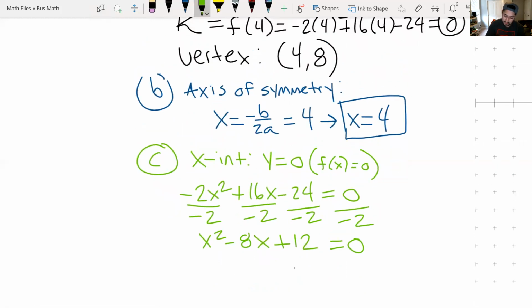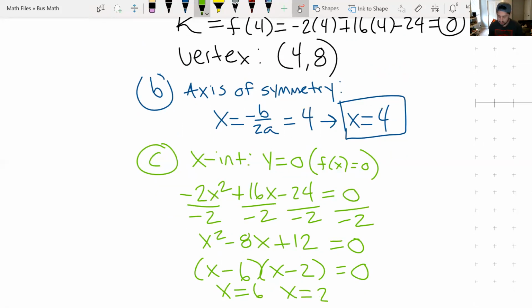Okay, which means that this looks definitely factorable. The only factors of 12 that can make negative 8 are 6 and 2. And look at the signs. Minus plus means that this is x minus a number, x minus a number equal to 0. 6 and 2. This means x equals 6 and x equals 2.